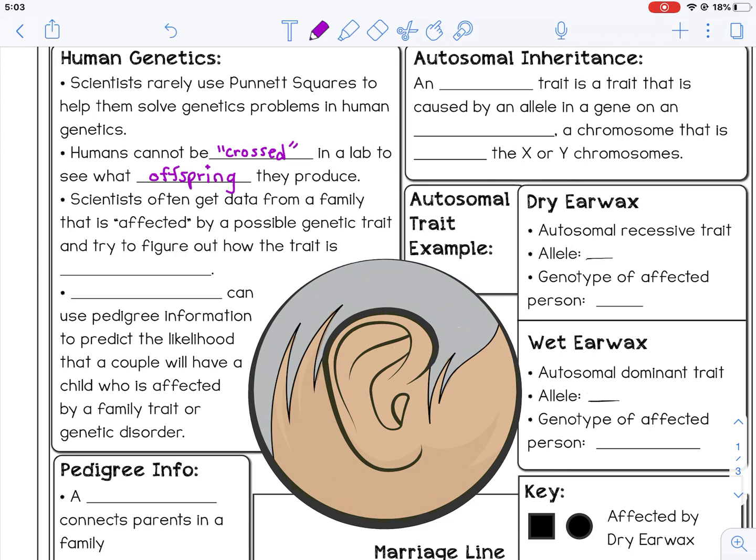You can't say human A has to have children with human B. So, for the human population, we often use pedigrees instead of Punnett squares. How does this work? Well, scientists often get data from a family that is affected by a possible genetic trait, and they try to figure out how that trait was inherited.